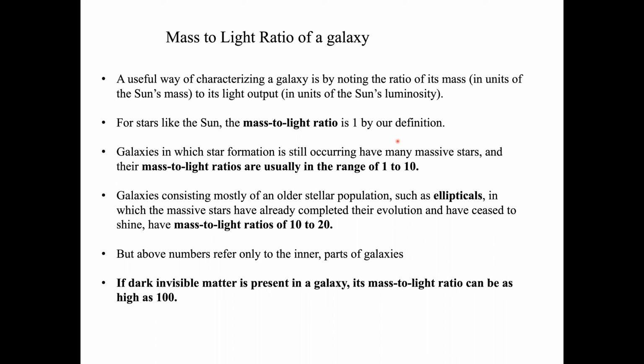Now, if you have a galaxy with a lot of star formation still occurring, which means you have a lot of light inside that, because when you have active star forming regions, they emit a lot of light, right? So that's why we can see the stars now. And because of that, for those kinds of galaxies, the mass to light ratios are usually between 1 to 10.